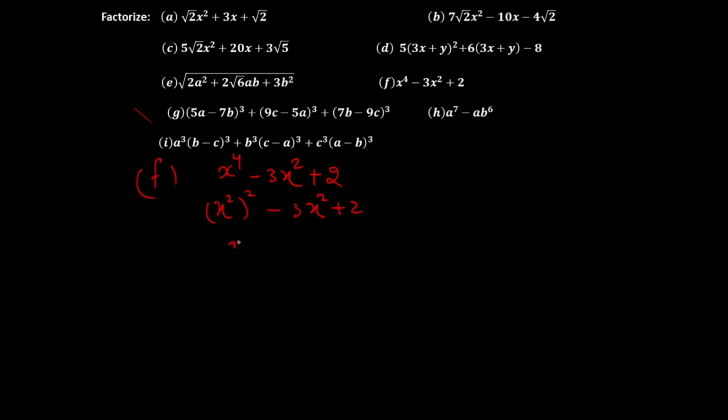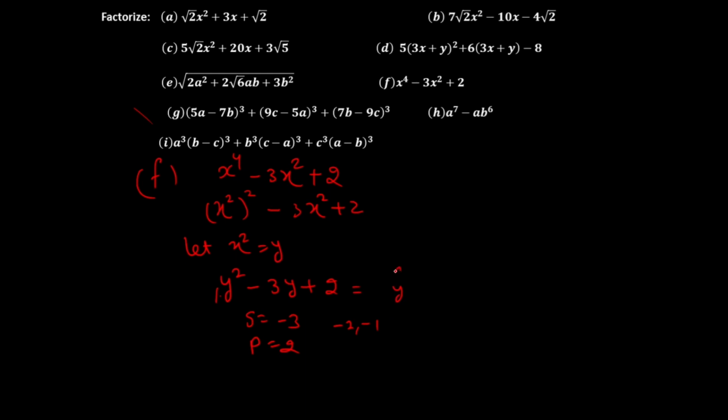Now I assume x square as y. So I will be getting y square minus 3y plus 2. This is of question number 5 kind. Now factorize this. Sum should be minus 3 and the product should be a times c, means 2 only. So the two numbers are negative 2 and negative 1.